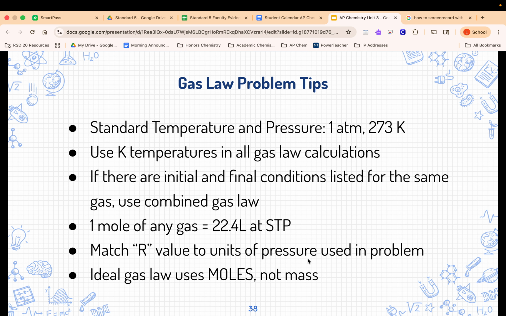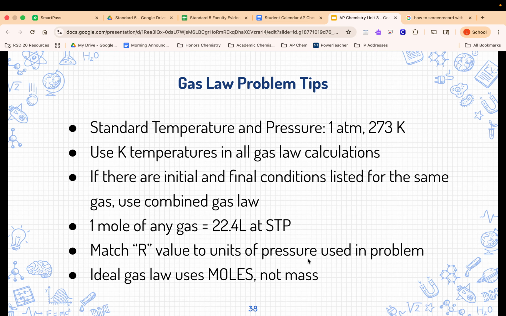Here are some gas law problem tips to keep in mind when you're doing gas law problems. The first is that standard temperature and pressure, which is often written just as STP, is equal to 1 atmosphere and 273 kelvins. You must use Kelvin temperatures in all gas law calculations.